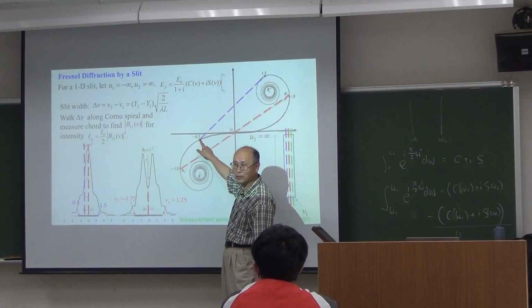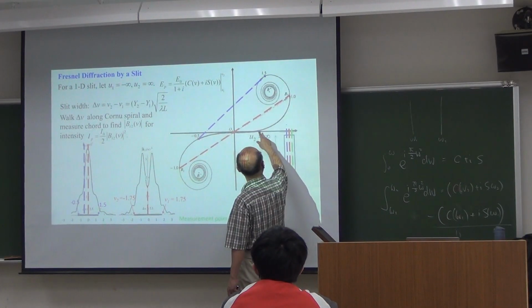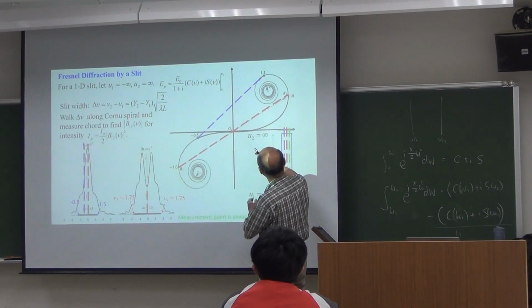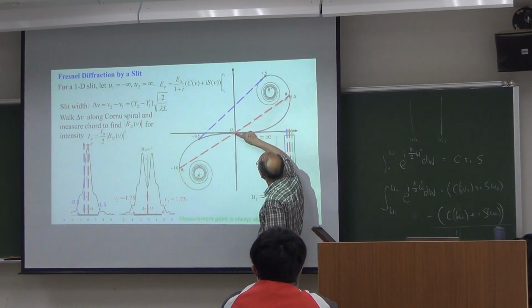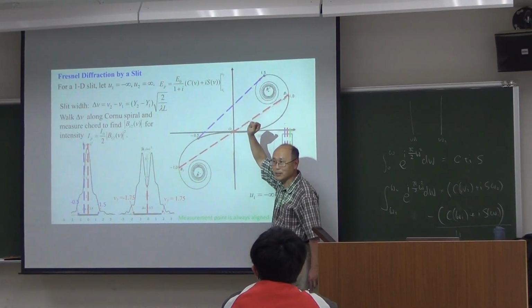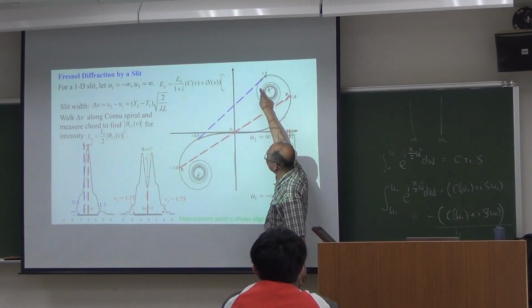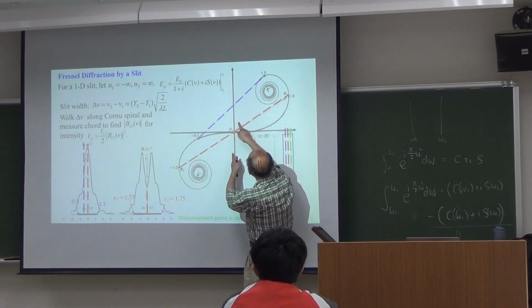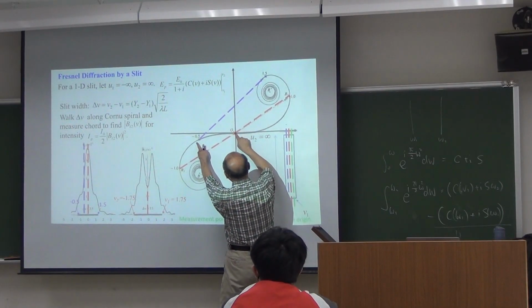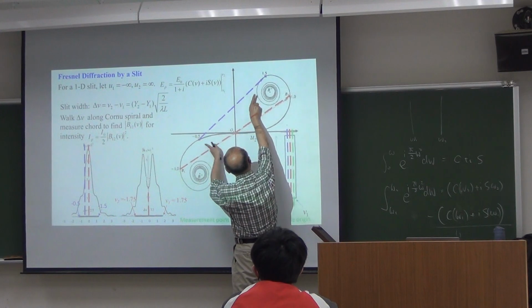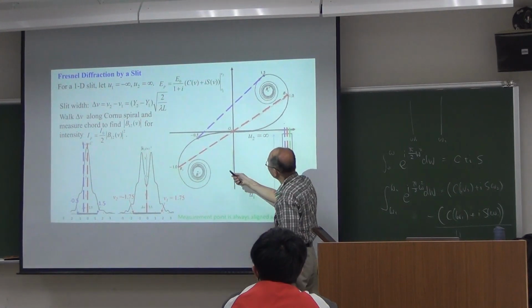And where's the vector connected to 1.5? Right here, so let's connect a line from this point to this point. So you have two vectors, and you subtract these two vectors to get this purple line.